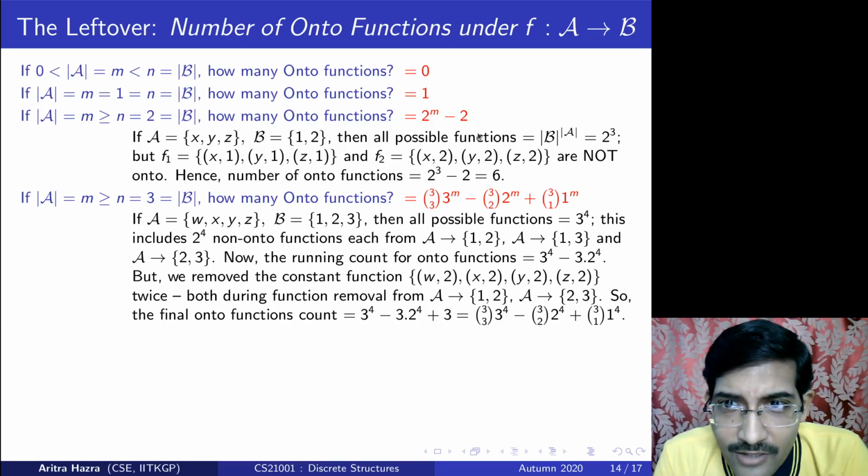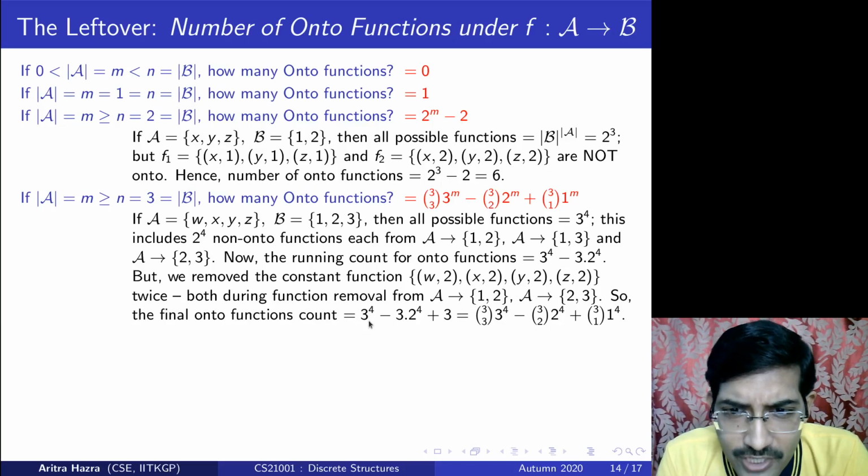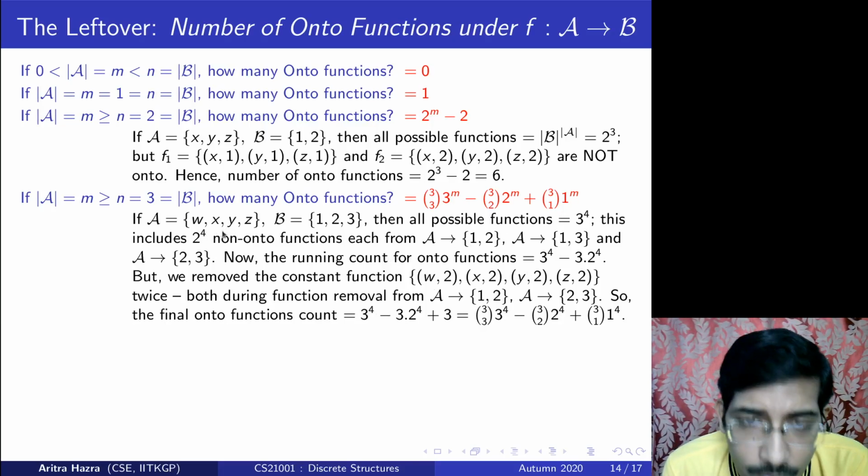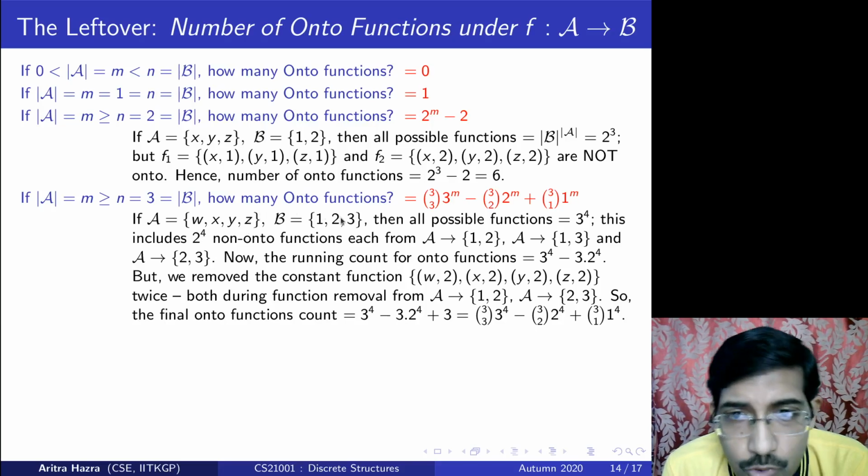Wait a minute, where are we reaching now? 2 to the power m minus 2 is not a generic format. So we are reaching a scenario where first we map everything to everything. So all possible combinations here, that is 3C3 into 3 to the power 4, are our combinations to map functions from a set of size 4 elements to 3 elements.